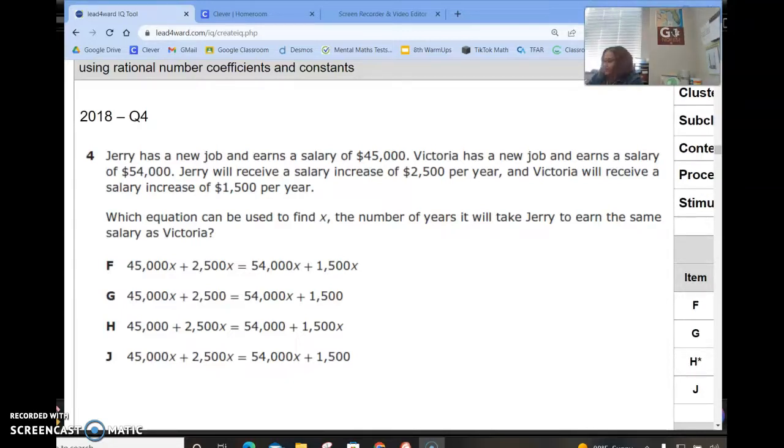Victoria gets $54,000. And Jerry gets $45,000 with $2,500 increase per year. And hers is $1,500 per year.